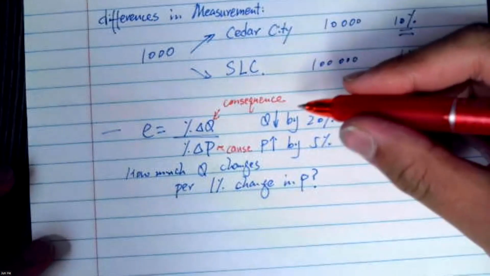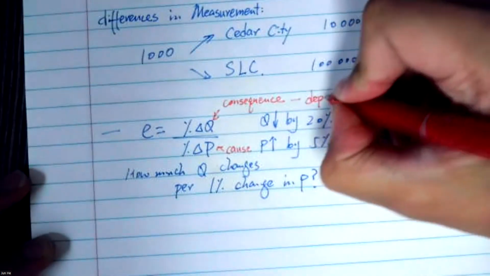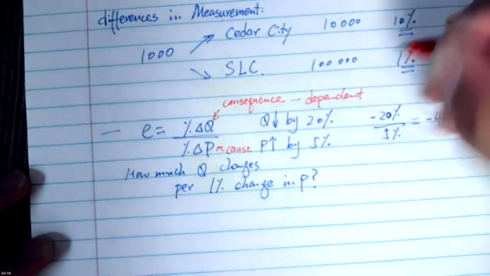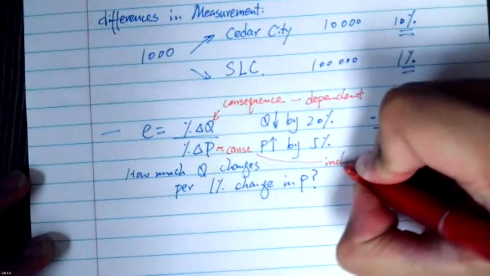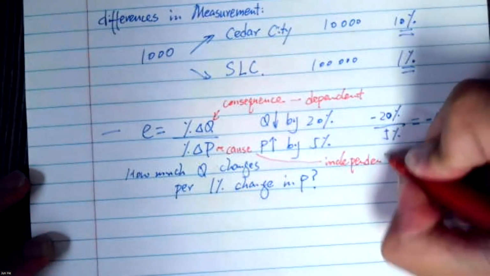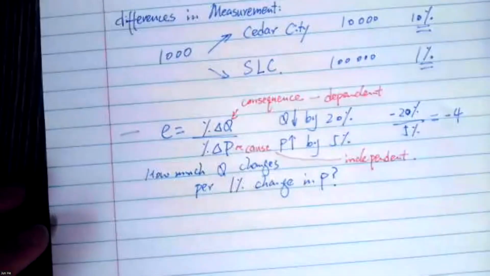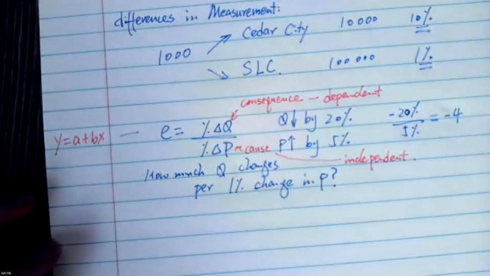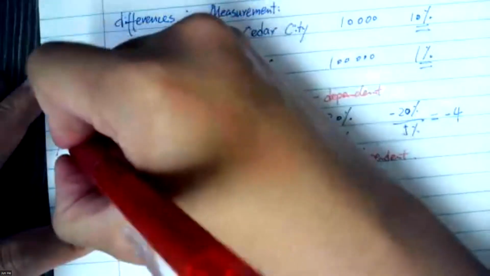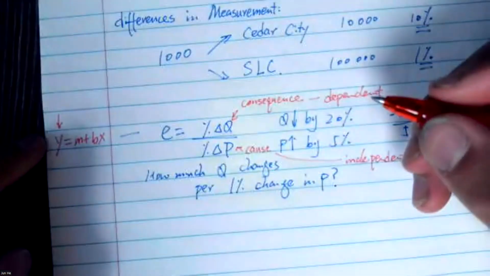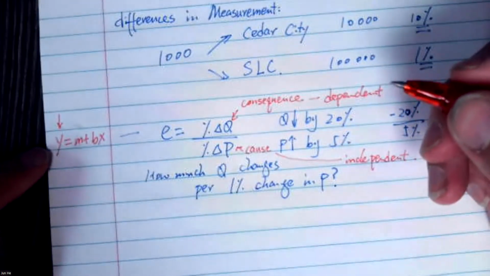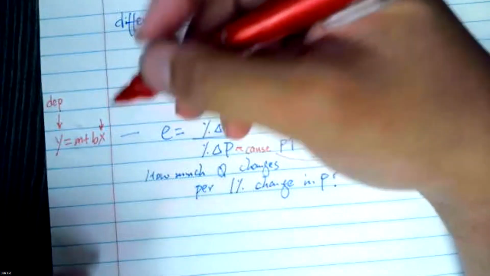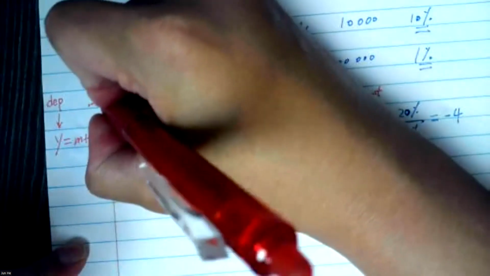And usually we tie consequence to dependent variable and cause to independent variable, right? If I were to remind you, in a linear case, y equals m plus bx. Here, y, which is standing alone on the left-hand side of the equation, is the dependent variable, and x, which is mixed together with other constants, is the independent variable.